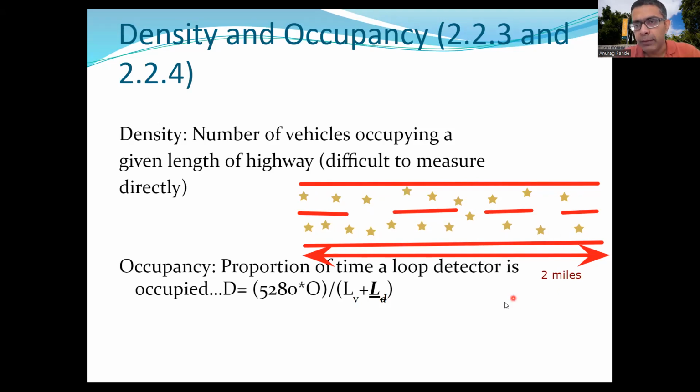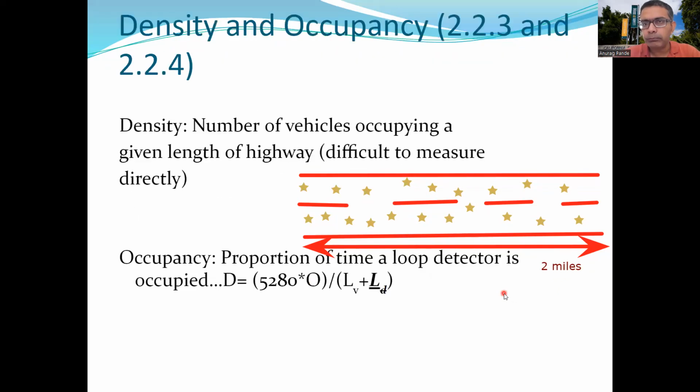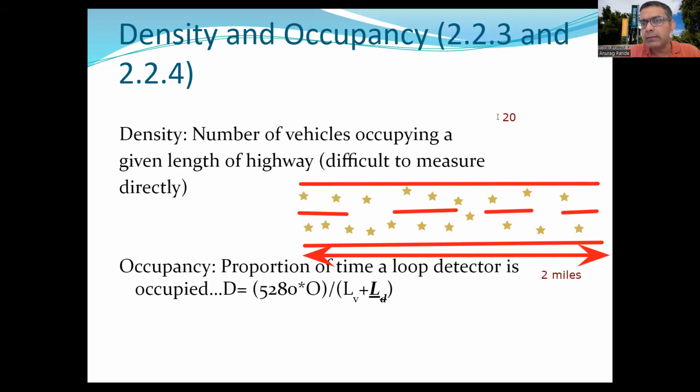So obviously my density in this scenario is 20 vehicles divided by 2 miles, which means 10 vehicles per mile. Okay, so that is the measure of density that I'm going to use.